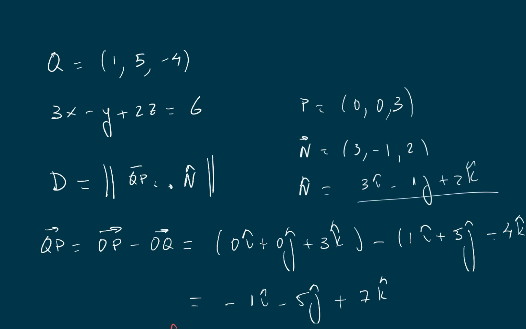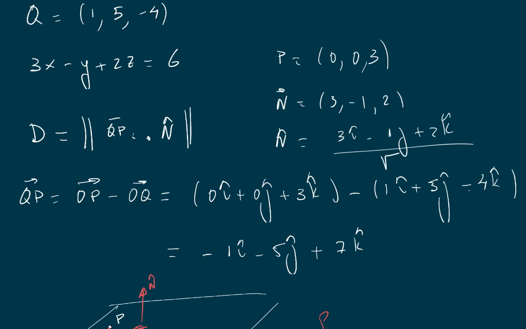The magnitude of n is the square root of 3 squared, 9, plus 1 squared, 10, plus 2 squared, 4, which is the square root of 14. So this is the unitary normal vector n.